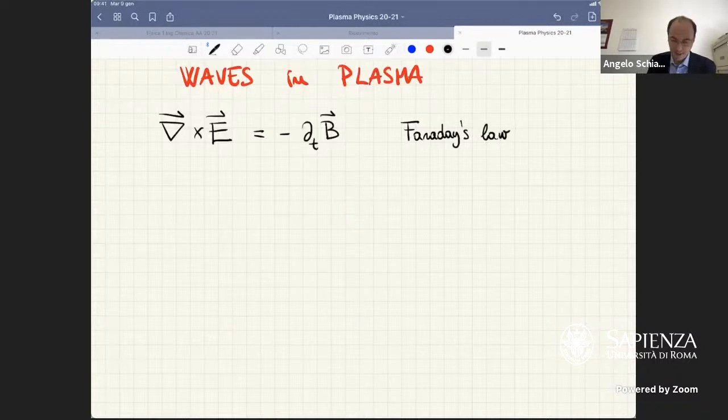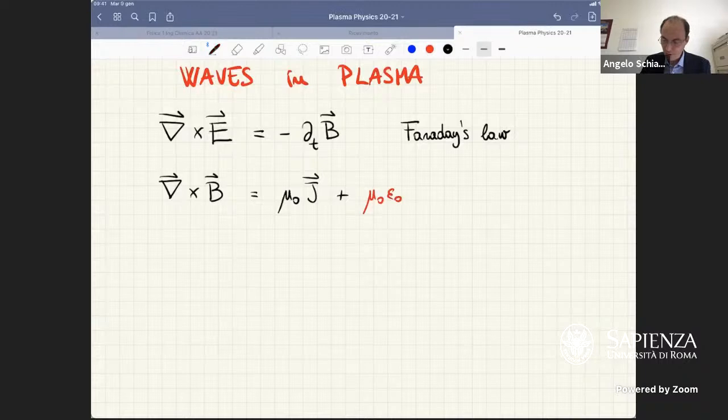Another dynamical equation for the electromagnetic field is the Maxwell-Ampere law. The curl of B is equal to mu naught times J, the current density, plus mu naught epsilon naught times the time derivative of the electric field.